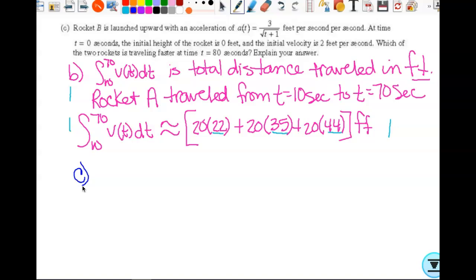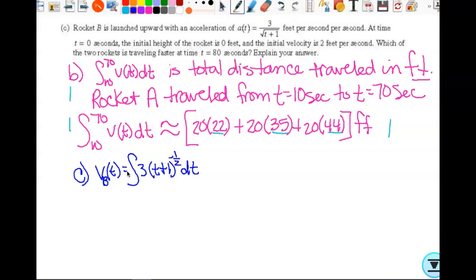Okay, so rocket B, if I want the velocity v of t of rocket B, how am I going to find that? I have to integrate this one, right? And so when I rewrite this, I think I want to write it as 3 times t plus 1 to the negative 1/2 power dt. Okay, do you agree with that?